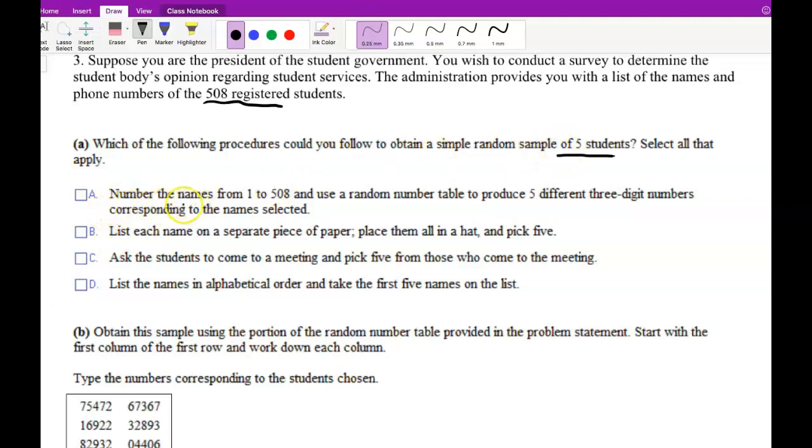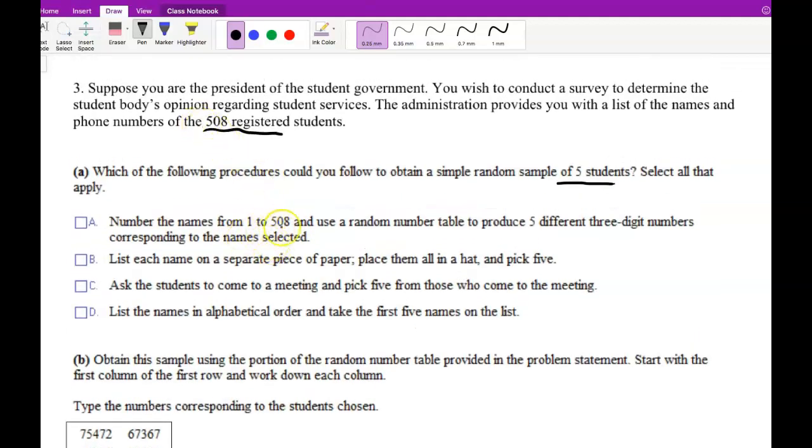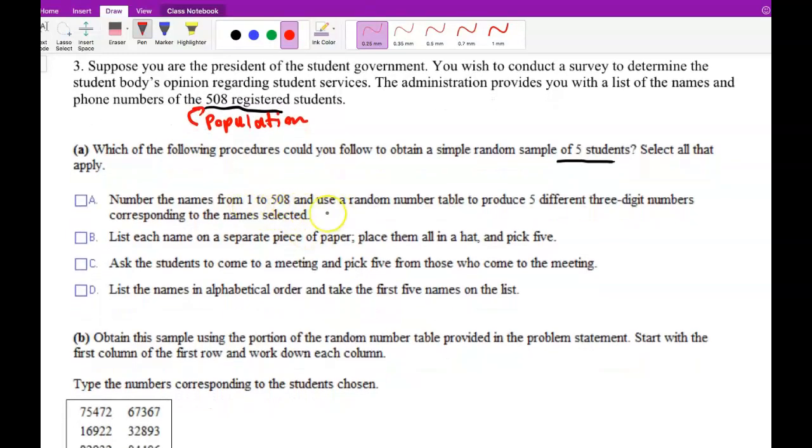Okay, the first one, number the names from 1 to 508. So we're gonna have all these numbers up to 508 because our population is that number. Use all these numbers and use a random number table, exactly what we did on the previous page, to produce 5 different 3-digit numbers. Why 3 digits? Because this number up to 508 is 3 digits.